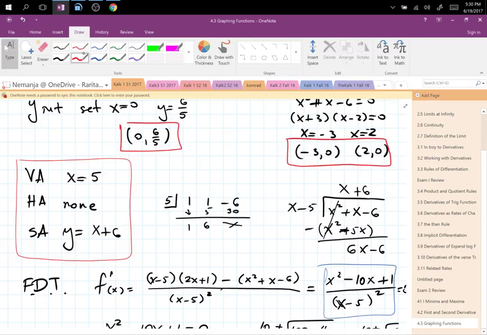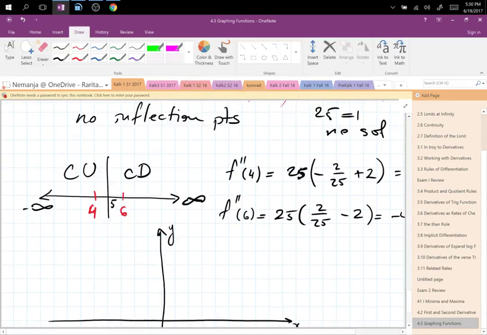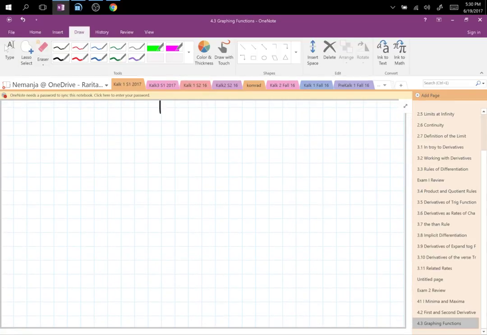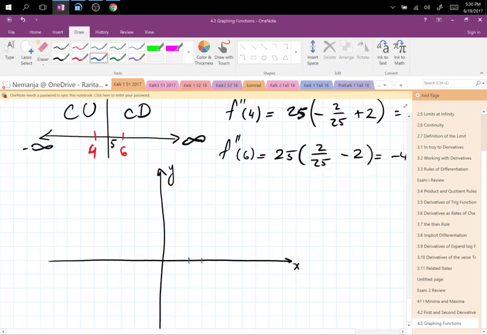I'm going to go for all asymptotes, let's say blue. So x equals 5.